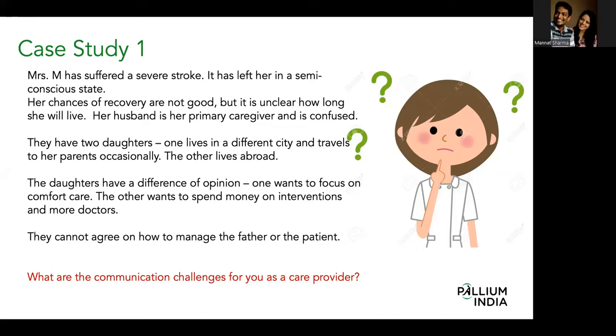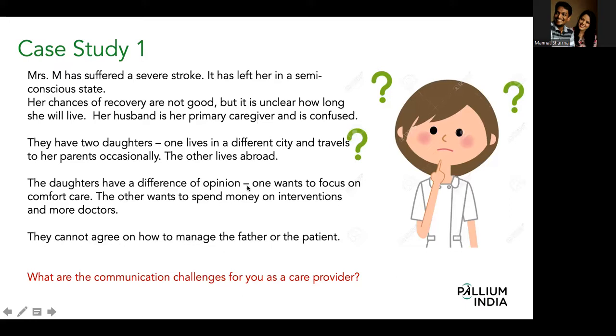Both have different priorities, but the goal is similar. They want to make the mother comfortable. So the question is that they cannot agree on how to manage the father or the patient. Both have different opinions, but the goals are the same.